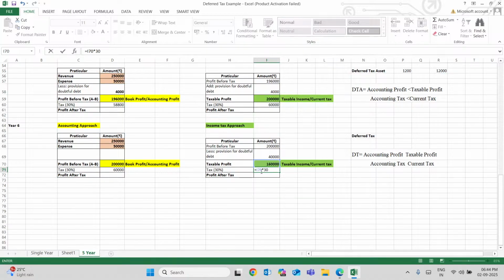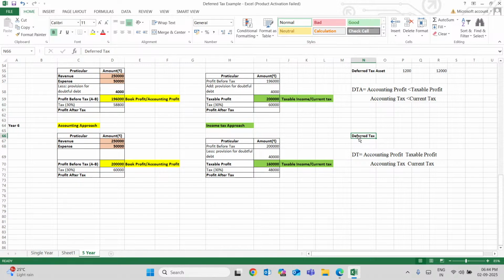So this time the accounting tax was more than the taxable income or the current tax, right? So we will create here a DTL. So what is the liability right here? It means the deferred tax liability. We will deduct it from this. It is 12,000, right?